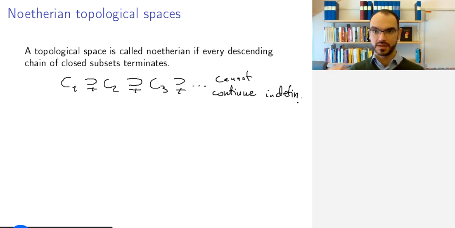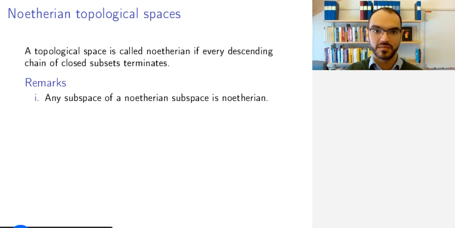Such a chain will terminate at some minimal closed subset. And what is known about such spaces? Well, any subspace of a noetherian topological space is noetherian.